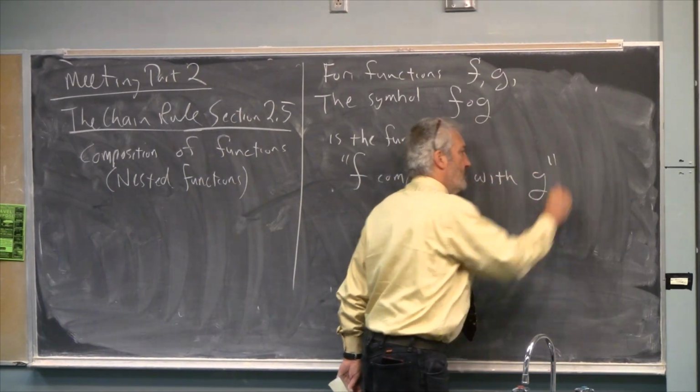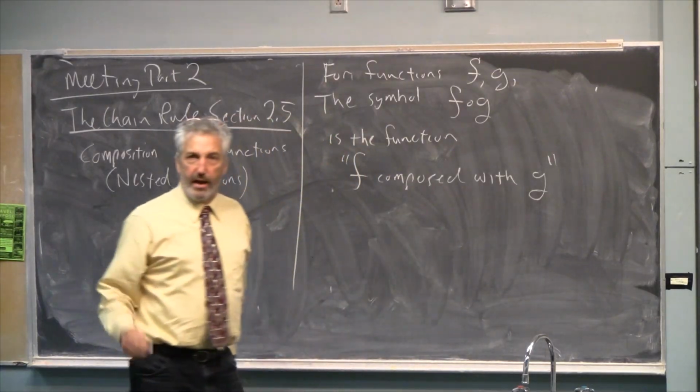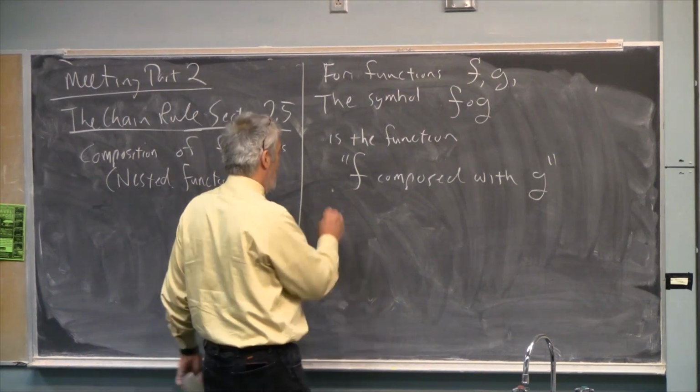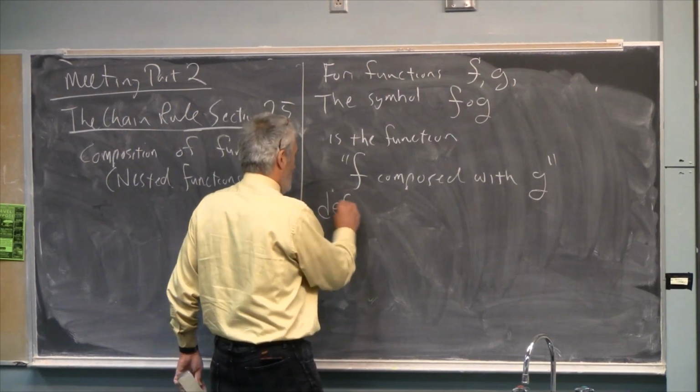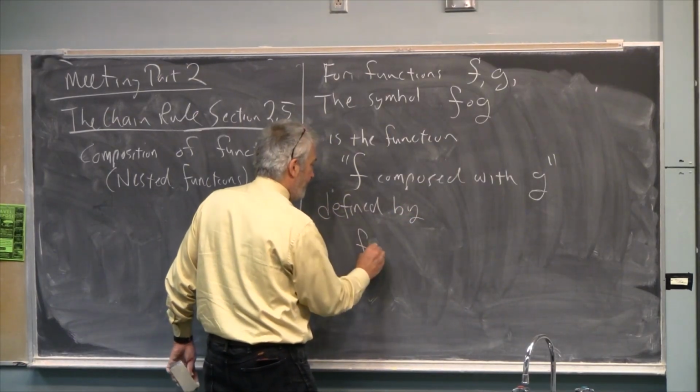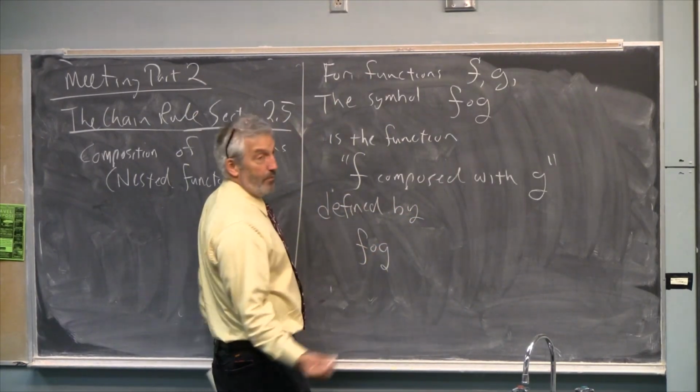And it's defined by, I have to tell you how it works if you feed it input. How do you get output? So I have to take that symbol, f open circle g, that's the name of my function.